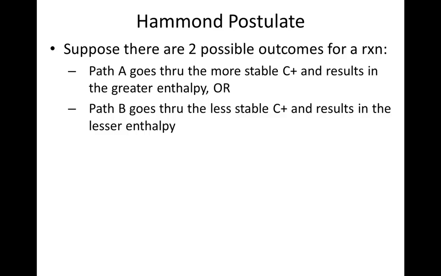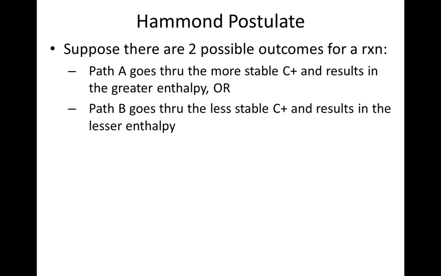But let's say that you had two possible pathways for a reaction to go through. One way goes through the more stable carbocation and gives you more enthalpy, in other words, a more exothermic reaction. Or path B goes through the less stable carbocation, and so you get out less energy.